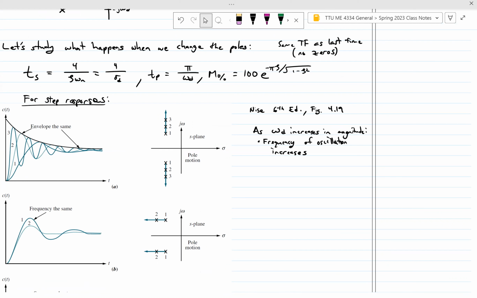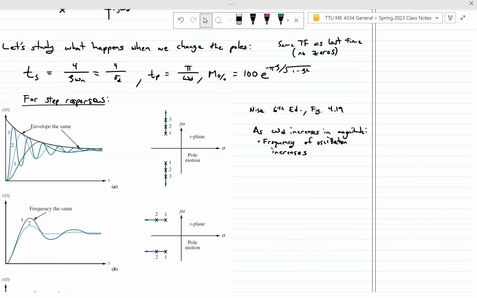We went through it last time. Which frequency? We got like two of them, right? Natural frequency and damped natural frequency. Which one is appropriate for a second order system for its actual observable frequency here? It's the damped natural frequency, right? That was the one that showed up in our cosine solution, right? So this makes sense. If omega d increases, right, our frequency of that cosine wave is going to increase, right?